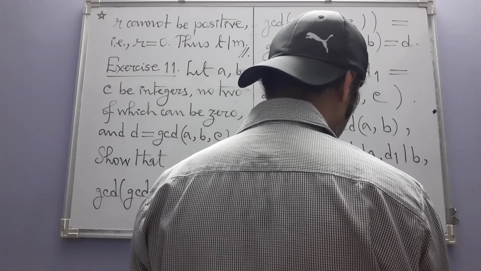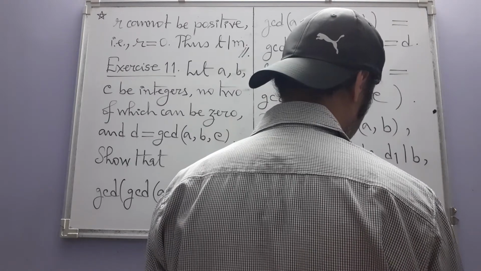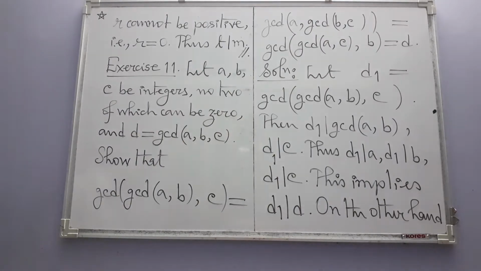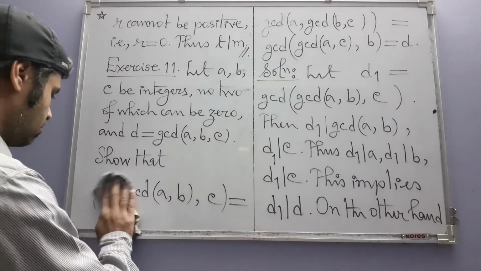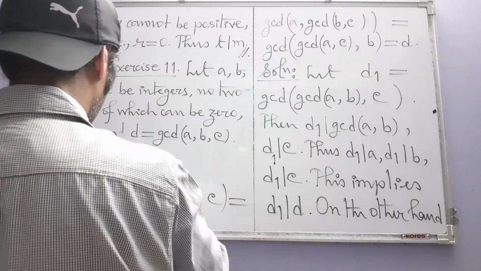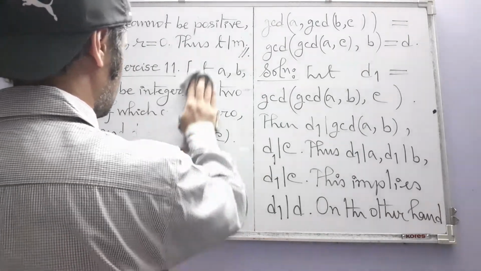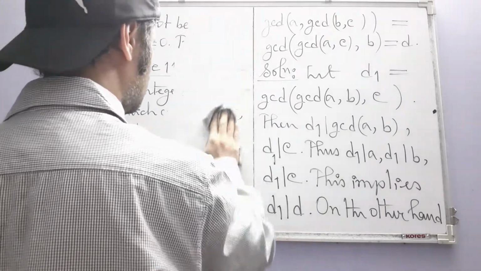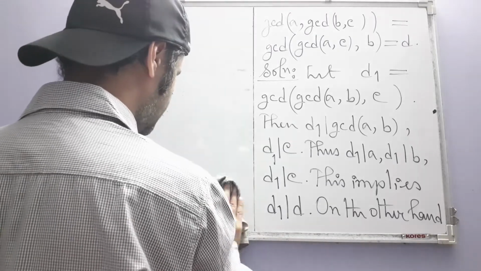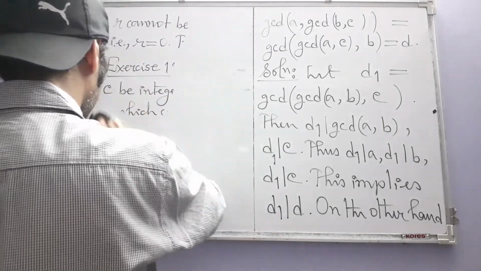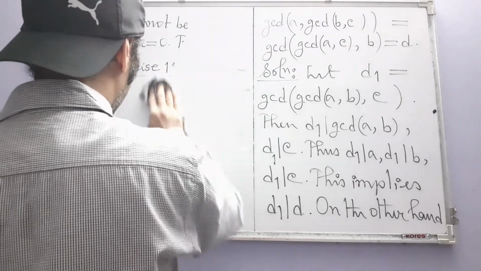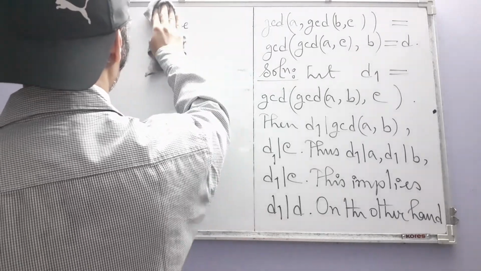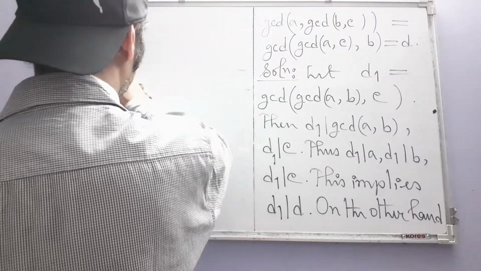On the other hand, from the definition of D, that is the GCD of A, B and C simultaneously, D is already dividing the individual numbers, that we are getting directly from the definition.